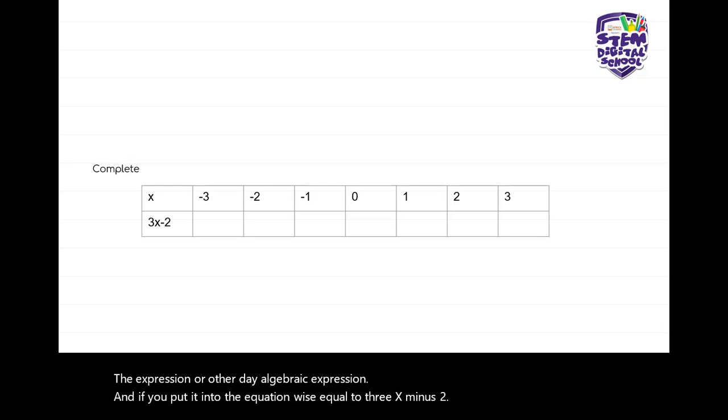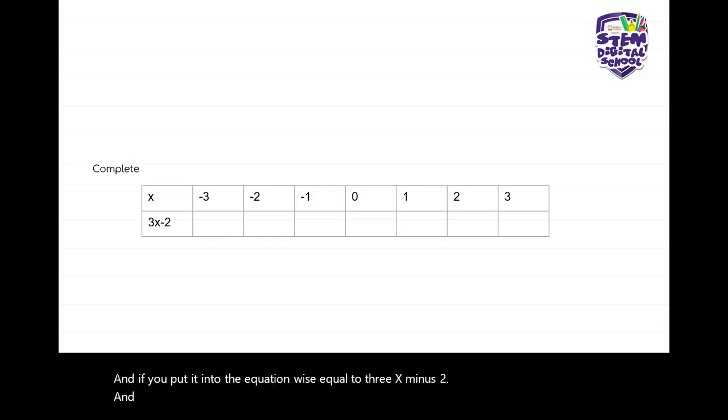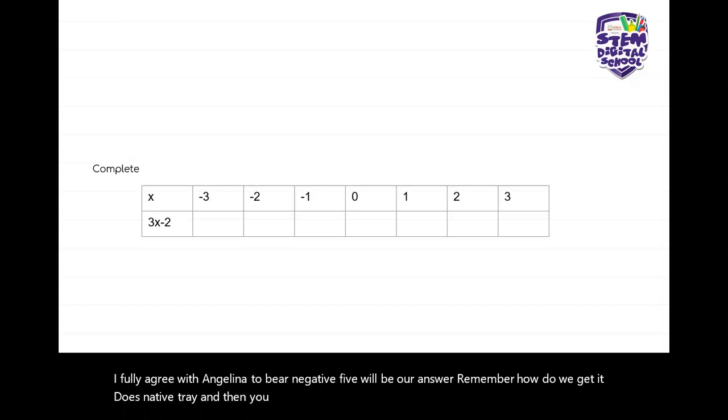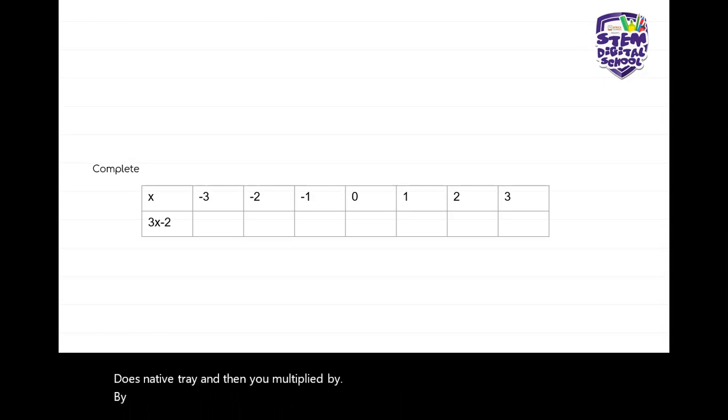And Angelina Dube got negative 5, and I'm tempted to agree with you. I fully agree with Angelina Dube. Negative 5 will be our answer. Remember, how do we get it? It's negative 3, and then you multiply it by negative 1. In fact, by 1, sorry.